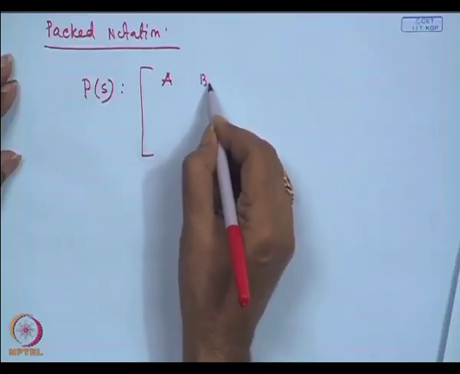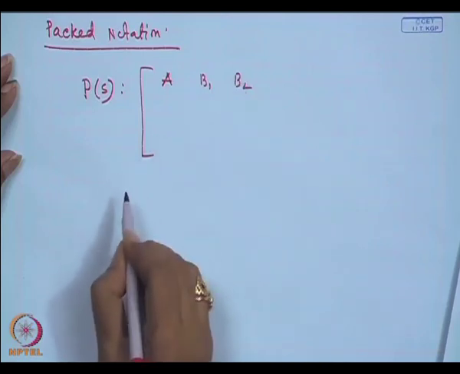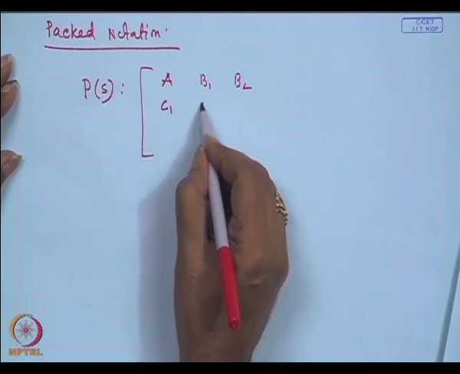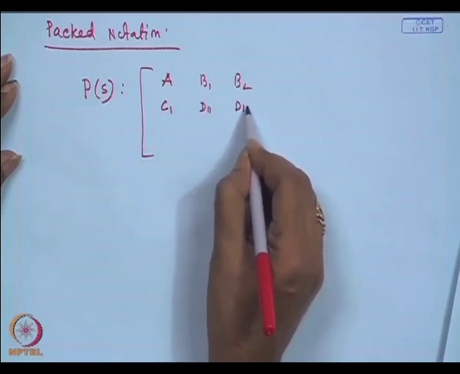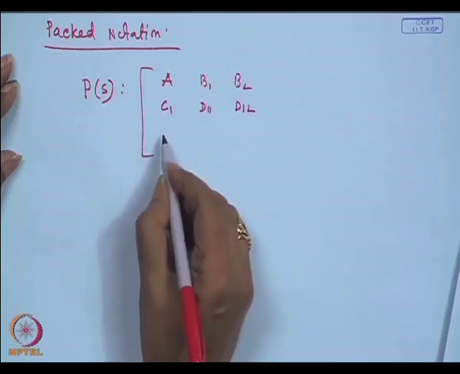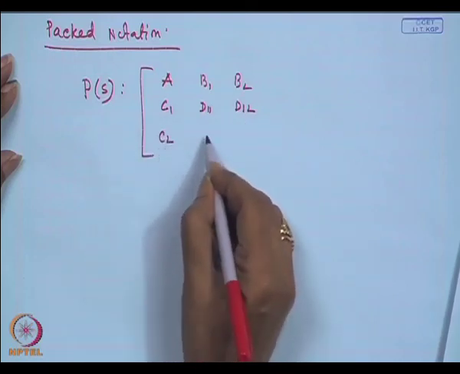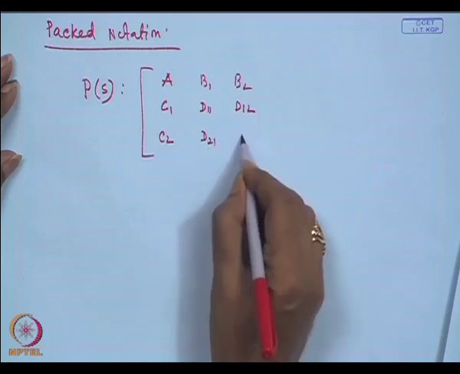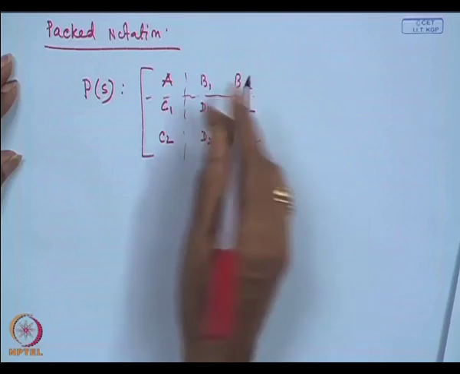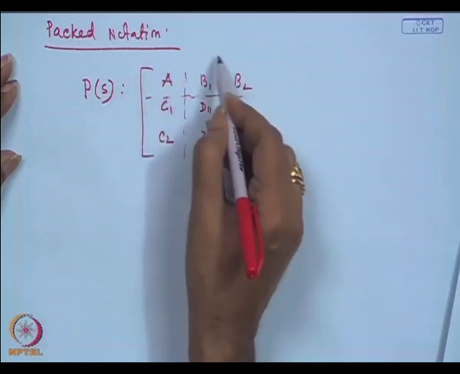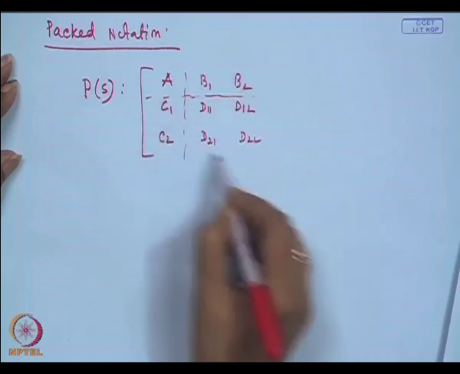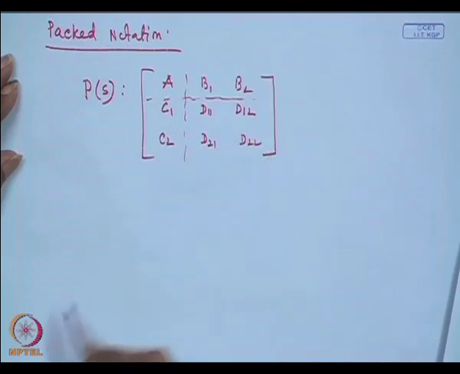Then our regulated output C 1 and measured output C 2, then D 1 1, D 1 2, D 2 1, D 2 2. Partition-wise, this is the A matrix, this whole thing is the B matrix, this is C, and this is D, the plant matrix.